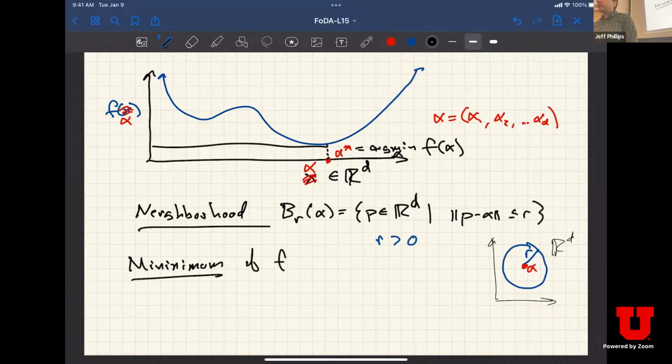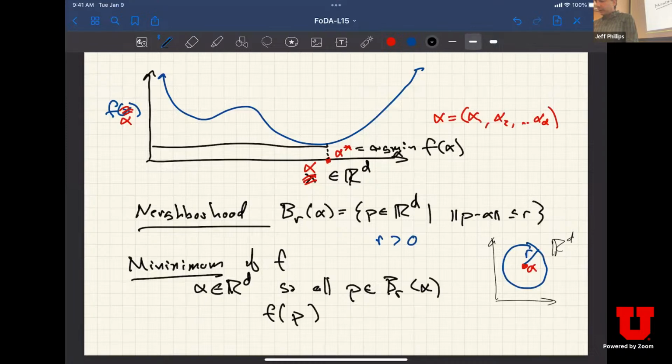This is going to be a point alpha in R^D such that for all P in the neighborhood of alpha, the function value of P is greater or equal to the function value of alpha.